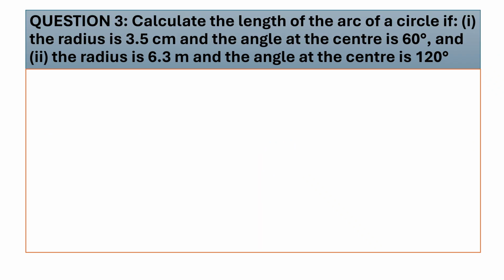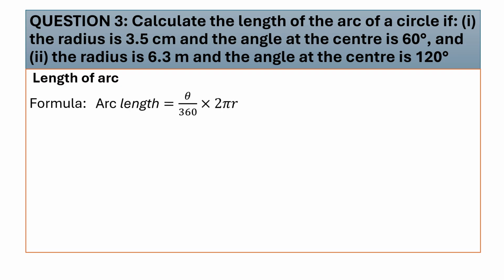Calculate the length of the arc of a circle if the radius is 3.5 centimeter and the angle at the center is 60 degree. And the second is the radius is 6.3 meter and the angle at the center is 120 degree. So first thing you need to write what is given, length of arc. What is the formula we use here? Arc length is equal to theta upon 360 into 2 pi r.